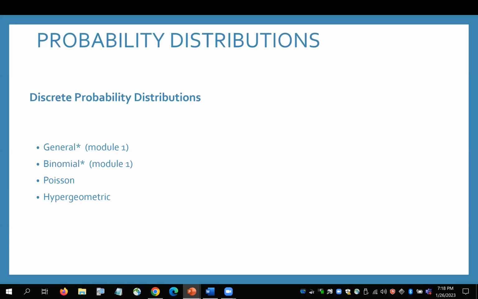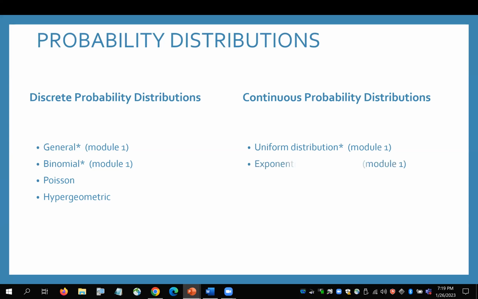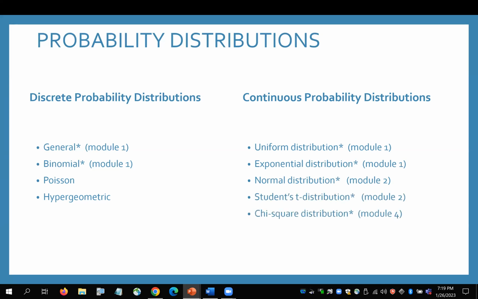We're going to talk about two of the more commonly used ones. Similarly, with continuous probability distributions, we're going to talk about the uniform distribution, the exponential distribution, the normal distribution, the student's t-distribution, chi-square, and the F distribution. And you can see there the modules in which we'll be doing that.